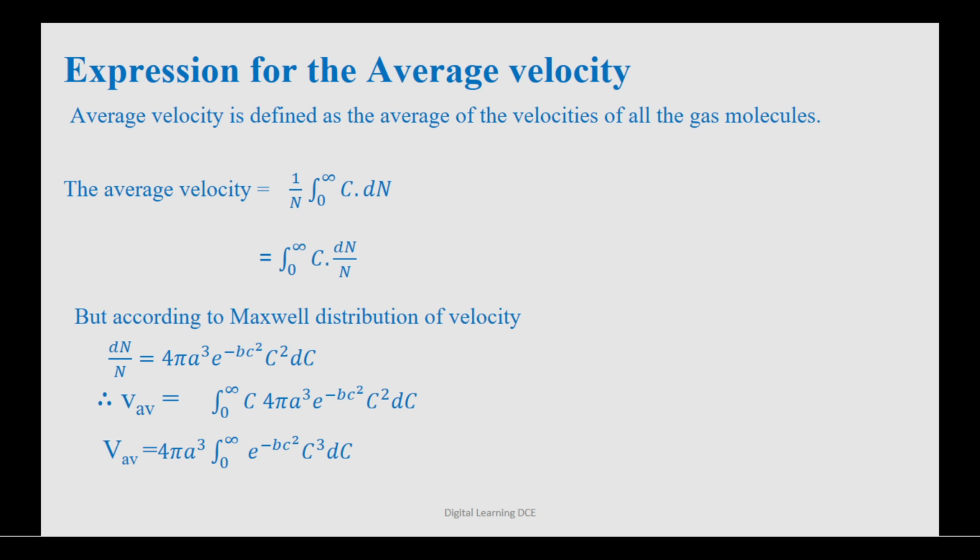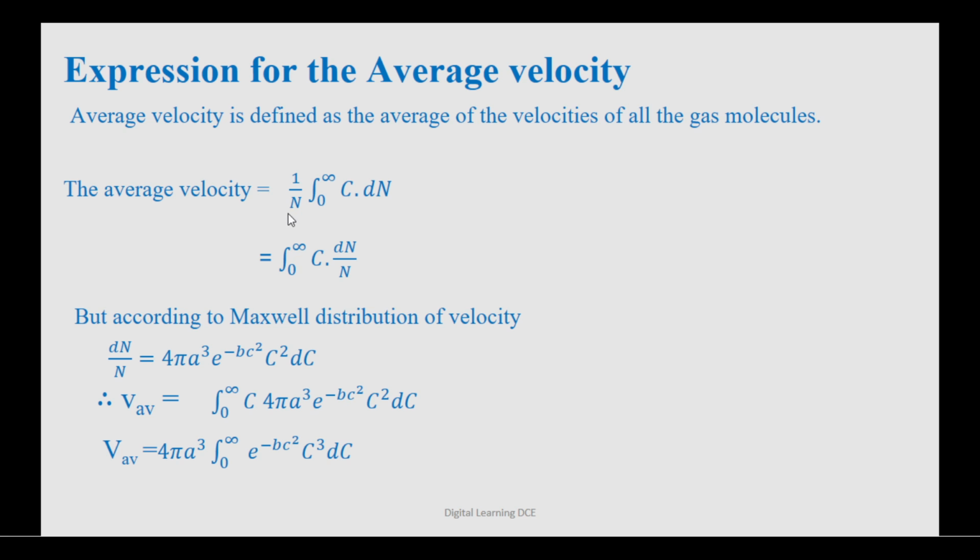As we know, the average velocity of the gas can be defined as the average of velocities of all the gas molecules. In equation form, it is given by 1/n times the integral from 0 to infinity of C dn.